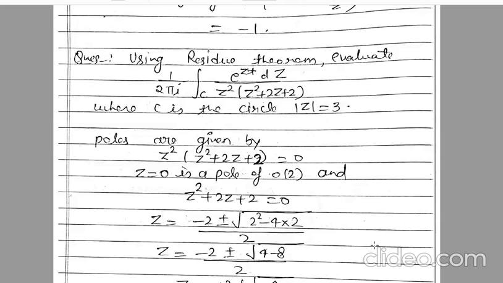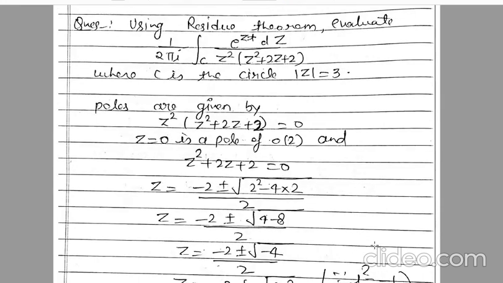So let's see, using the residue theorem. Guys, how will you differentiate between residue and the Cauchy residue theorem? If an integral is given, then you will apply the Cauchy residue theorem.